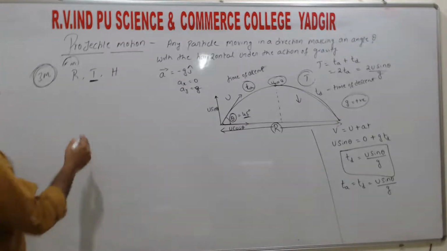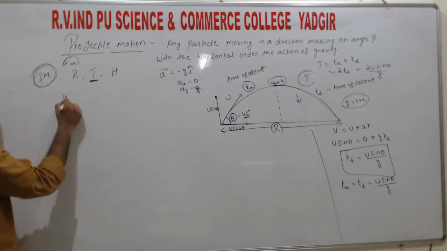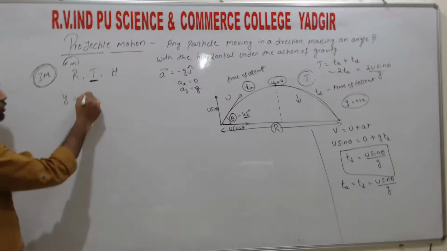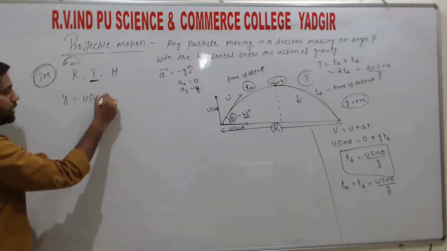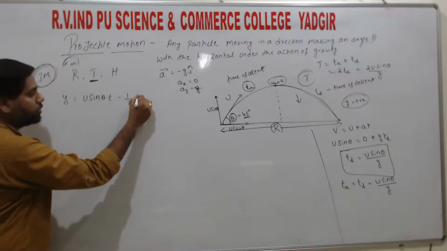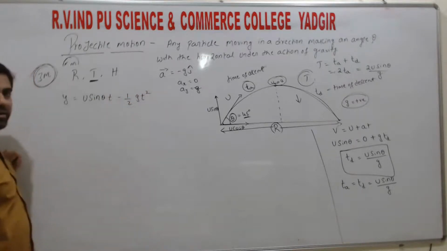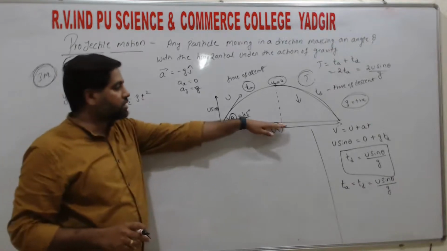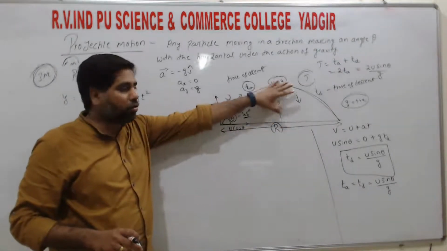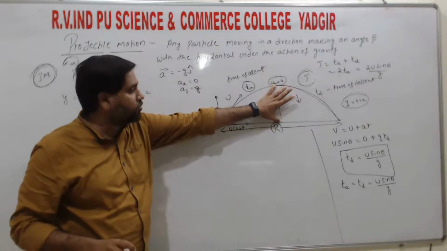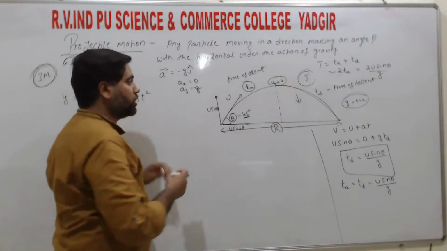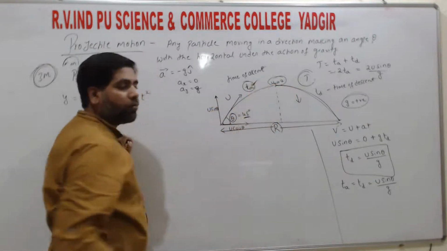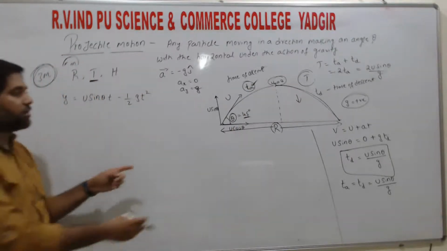Right? So for the vertical component, height, we have the relation y is equal to u sin theta into t minus half g t square, right? Here we have taken the vertical component, so when it reaches the maximum height it becomes zero, and we need to calculate this height. So which time do we take? The time of ascent, since only up to that point it covers the maximum height.